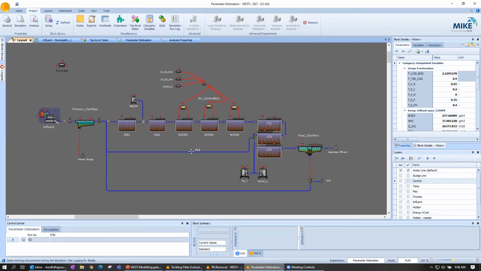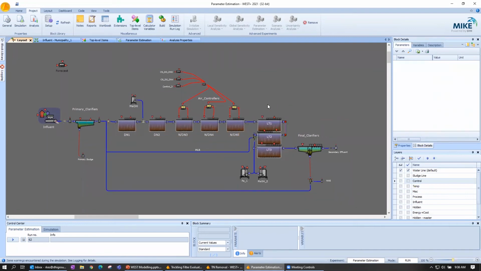This is a project in Denmark where it's an implementation. We know they're going to get more flow, more load, and we need to see how much more capacity we can squeeze out of this existing facility. There's a bunch of denitrification tanks and 3 main aeration tanks.